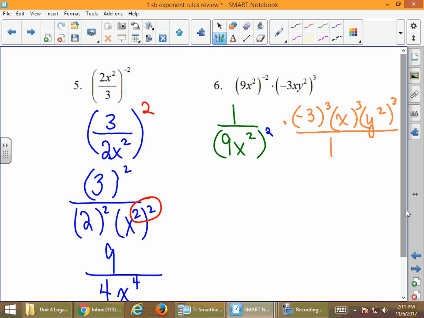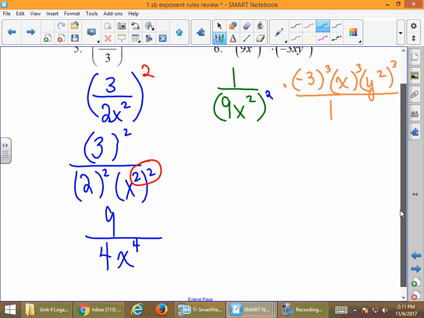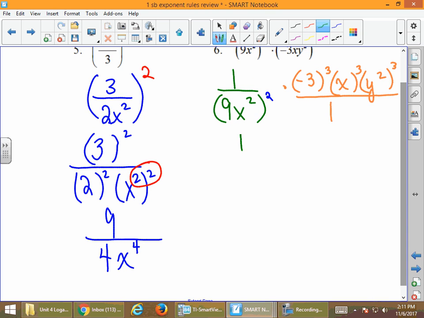But we did that with the second part, where we took what's inside the parentheses and we raised it to what's outside the parentheses. We need to do that same idea here with the green part of our problem, this is going to be 9 squared, and then it's going to be x squared squared.